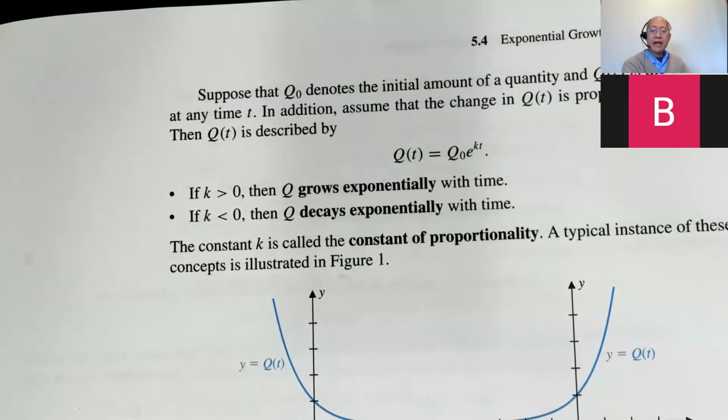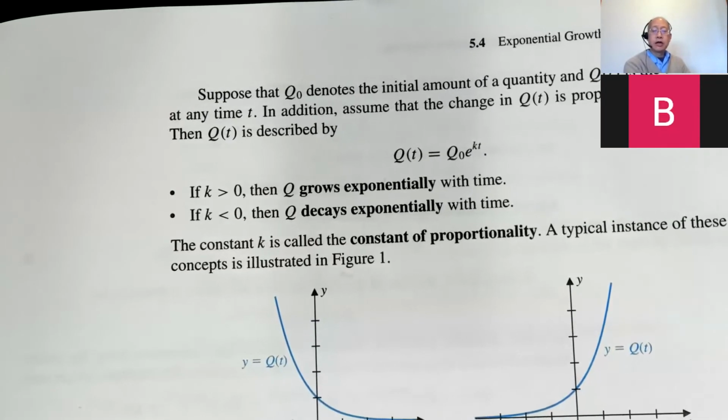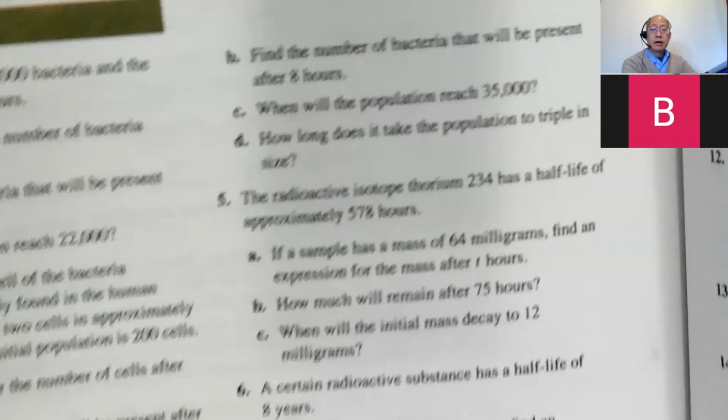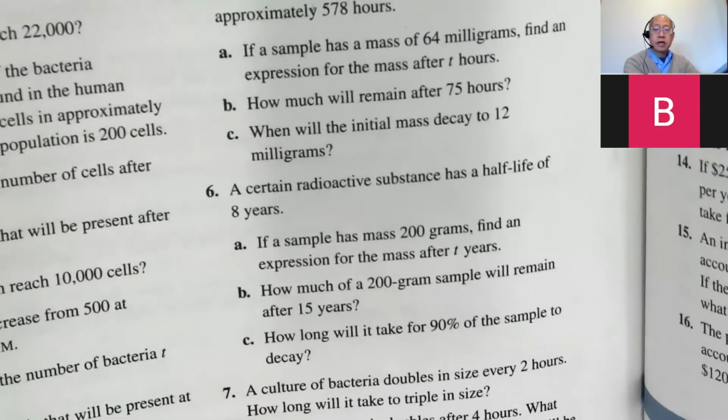I've been using A, it's the same thing. A of T equals A0 e to the KT. Go ahead and put that on your formula sheet, on your cheat sheet. Okay. And yesterday we did growth problems. Something was growing, like bacteria was growing. Okay. Now we'll do decay, like radioactive decay, 5 and 6 and 7 and so on.